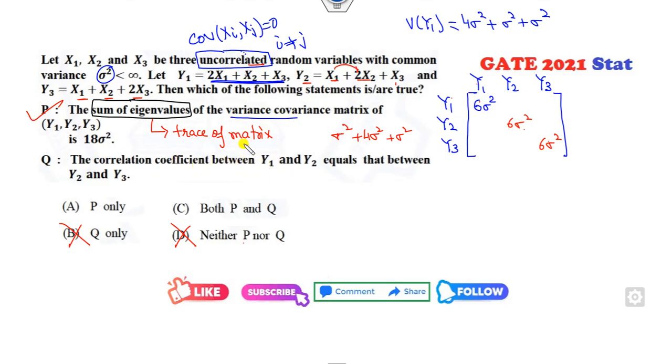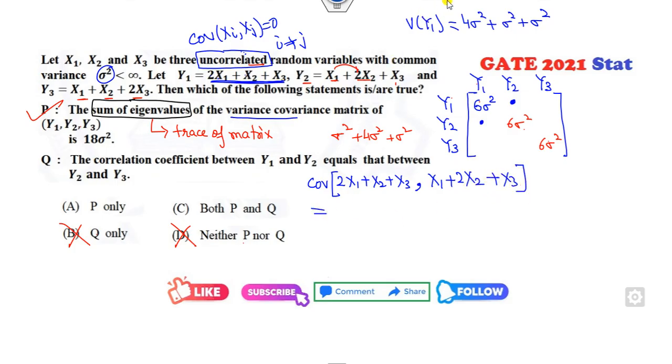Covariance, correlation between y1 and y2. That means your target is to find these numbers. Very simple. I can substitute the value of x1 plus x2 plus x3 comma x1 plus 2x2 plus x3.